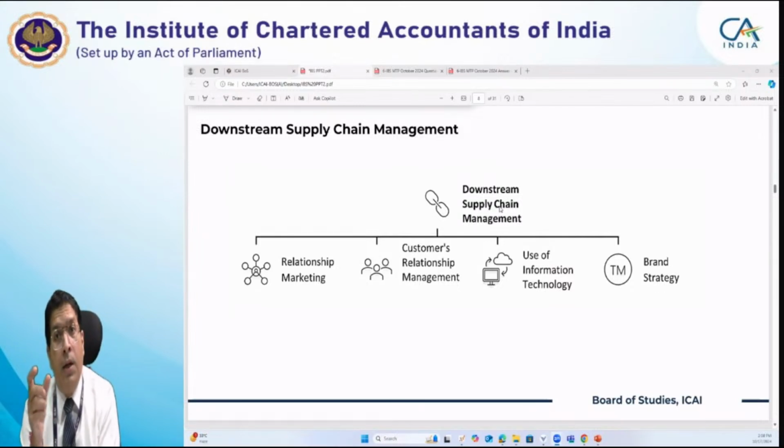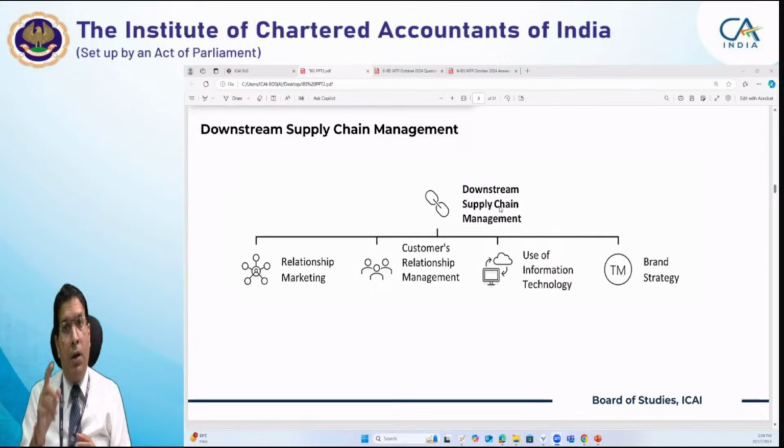It means in supply chain management, there are two terminologies which are very important. First is supplier relationship management and another is customer relationship management, in short, CRM.